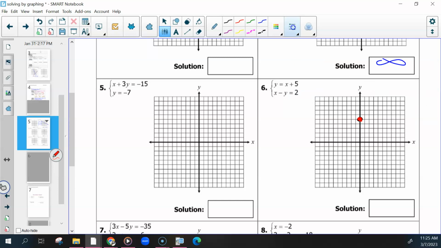What's the slope of that first one? Matthew? 1. So up 1, right 1. Down 1, left 1.